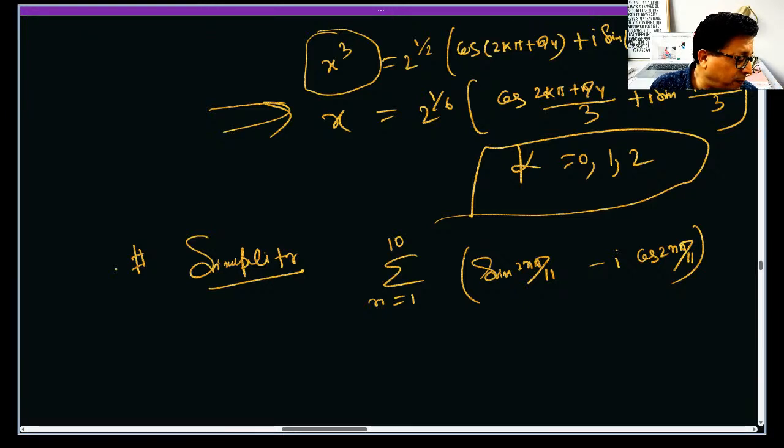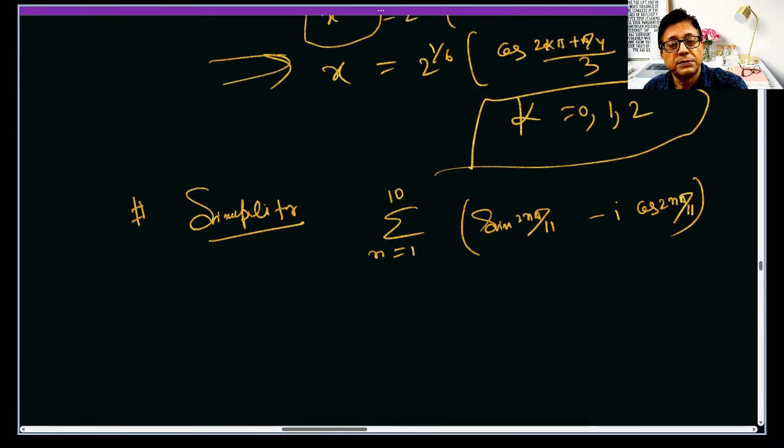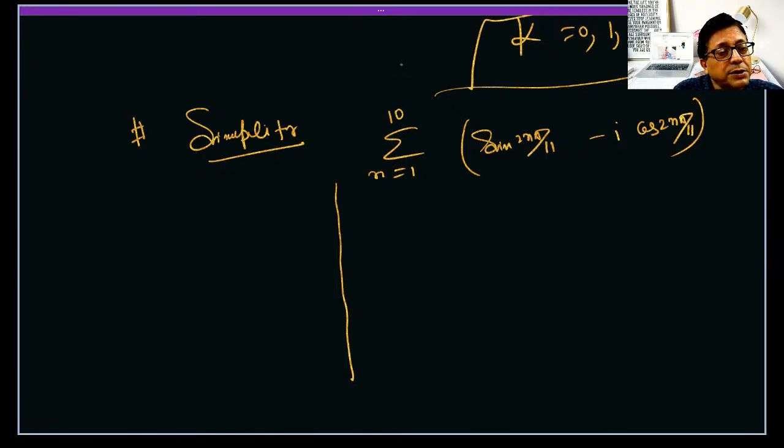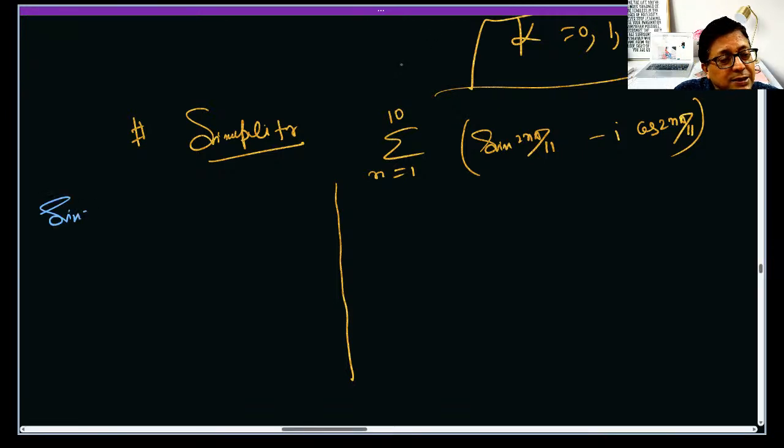This is partly dependent on the concept of Euler's theorem. I haven't told you about Euler's theorem yet, but I am just briefly explaining it. Then next class we'll do it in detail. The sin x series, if you write it, is x minus x³/3! and so on up to infinity.